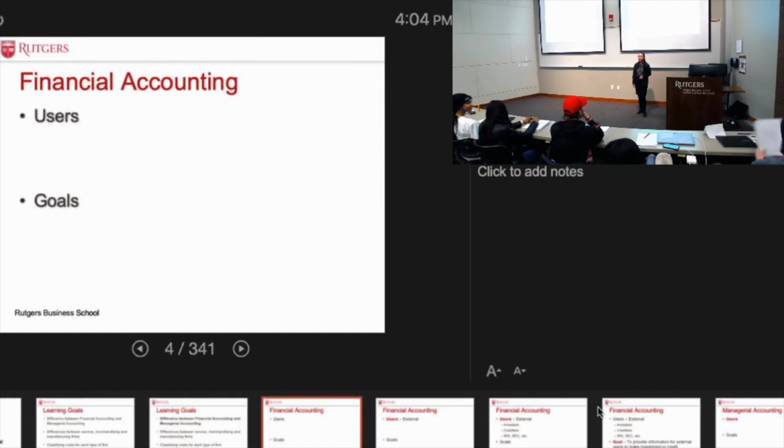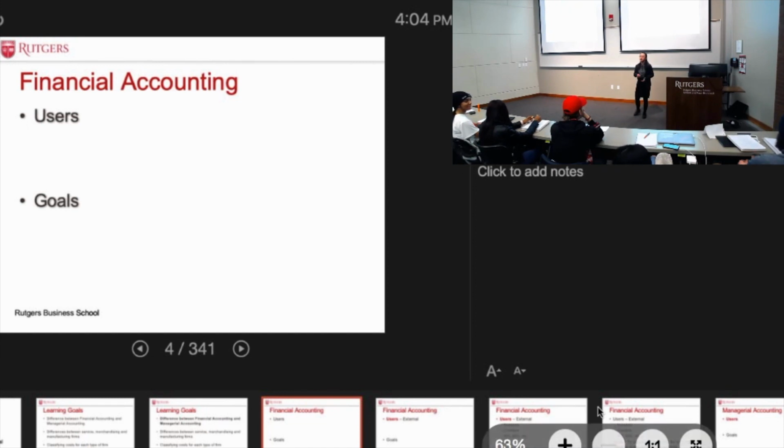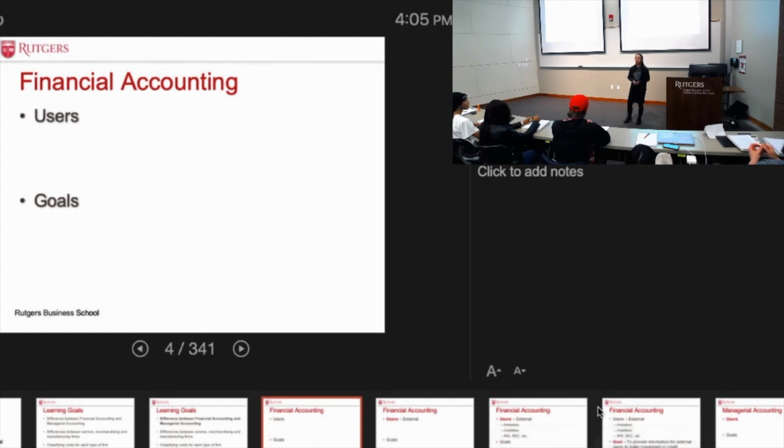Right. So financial accounting focuses on the external users, right? So what are the examples of external users? Who are the external users? Investors.